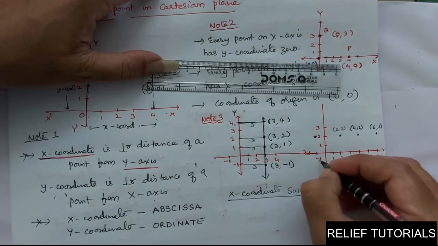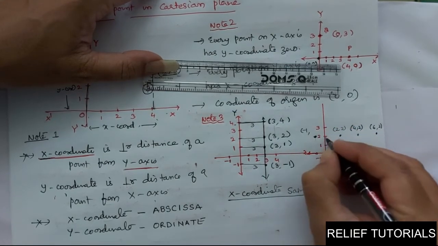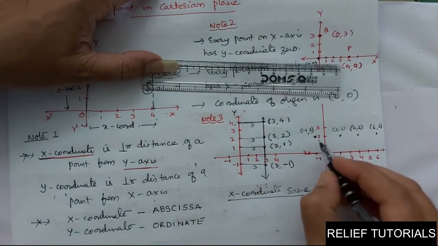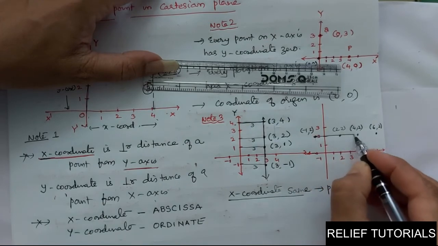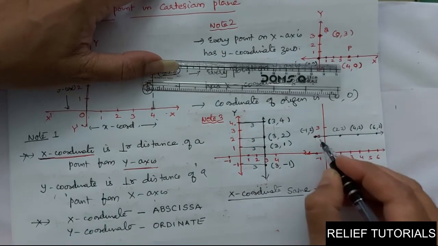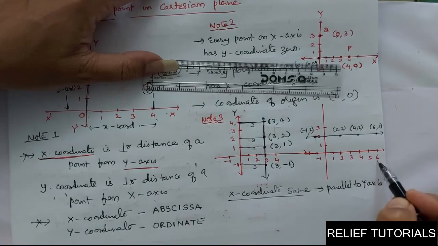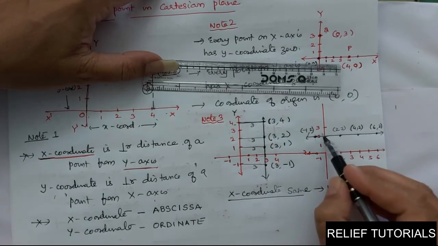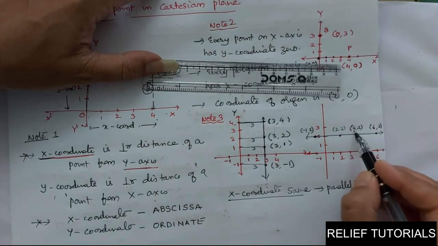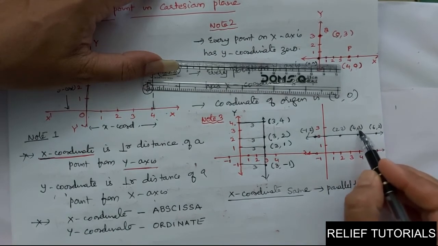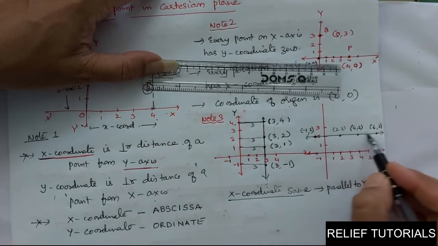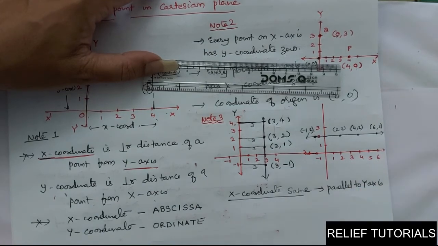You will draw here where it is minus 1. So you can say minus 1, and here 2. You join this. See all this. So what line did you get? This line is parallel to the x-axis. And if you look at the coordinates, minus 1 comma 2, 2 comma 2, 4 comma 2, 6 comma 2, here the y coordinates are the same. So if the y coordinate is the same, it is parallel to the x-axis.